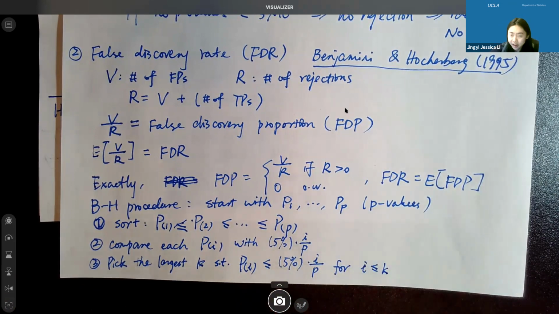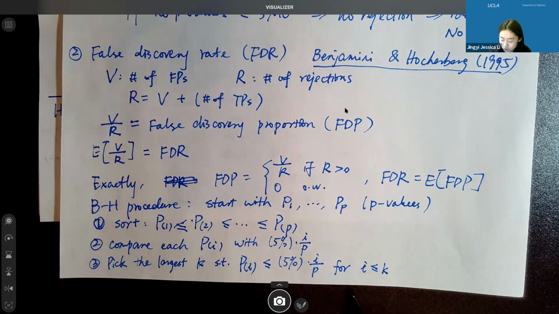In other words, I move along my order and check whether this p-value is smaller or equal to this threshold. If so, I move to the next p-value and do the comparison. I move and move until this is no longer satisfied. Then I go back to the previous one and set that to be the k. So it's a step-by-step comparison.